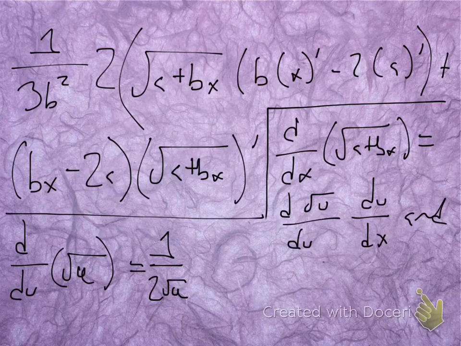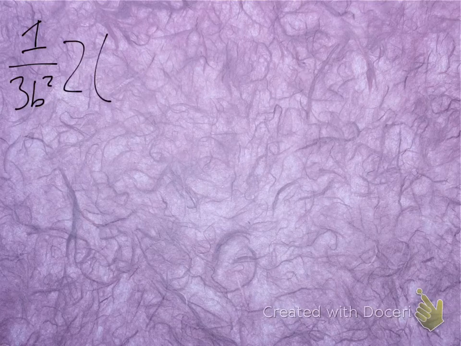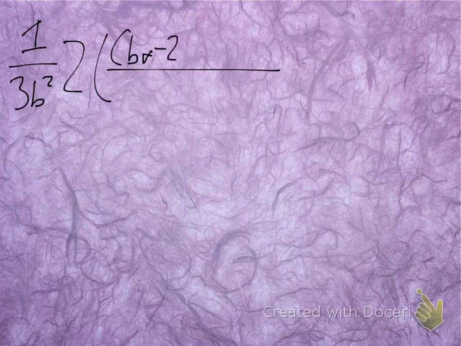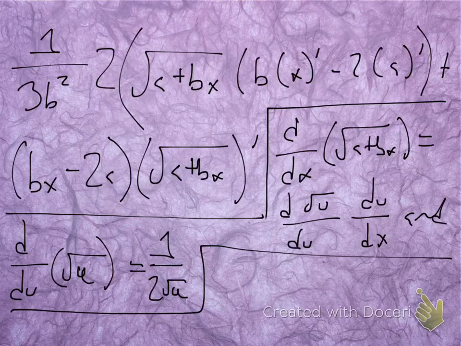Okay, so now I will explain what all this means here and how this is going to apply. So in this new form here that we're using for our chain rule, and forgive me for how slow this is going, I'm trying to carry over from one page to the next in my head, all of this is going to turn into 1 over 3b squared times 2 times, okay, now we're going to have a rational. We're going to just have bx minus 2a times the prime of a plus bx prime, I believe. Hang on.